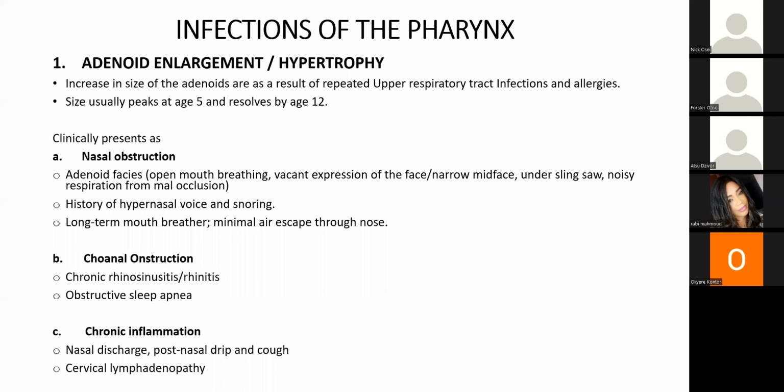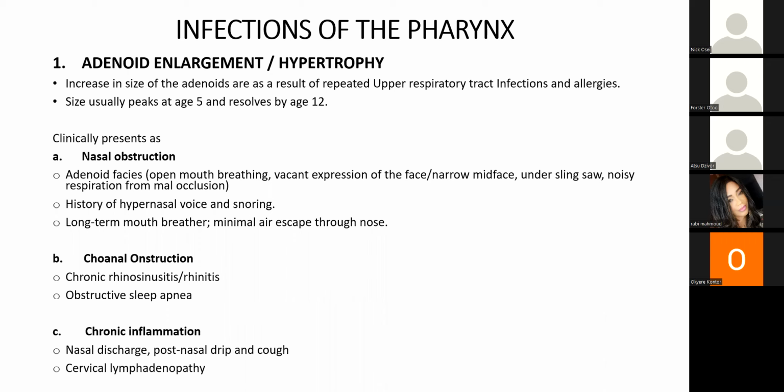And we also said that the pathologies that can affect the pharynx can be infections, and that could possibly lead to adenoid enlargement or hypertrophy. And then we appreciated that it usually peaks at the age of 5, and adenoid enlargement usually resolves by age 12.